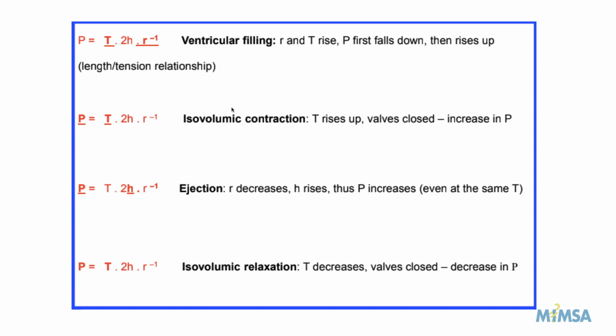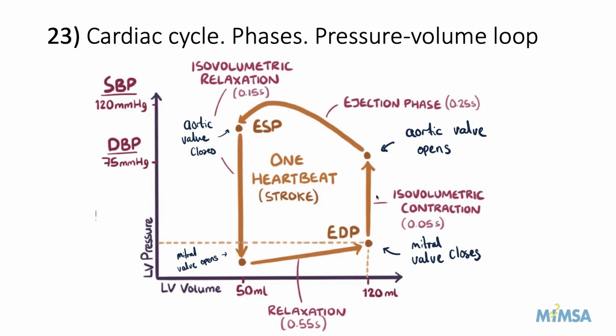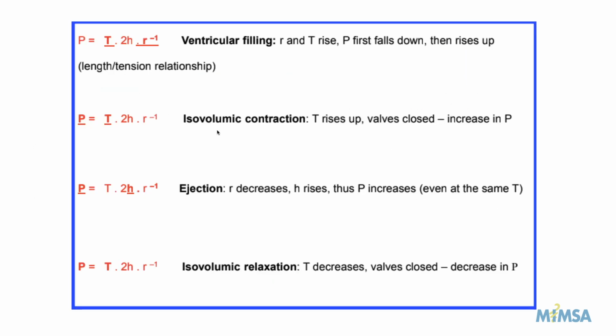Then you have the isovolumic contraction phase. This is when no blood is being moved out of the heart and both valves are closed. The heart is contracting but nothing's moving, it's just increasing pressure. So in this one, the wall thickness is not changed because it's isovolumetric. The radius is not changed either, but the tension is increasing.